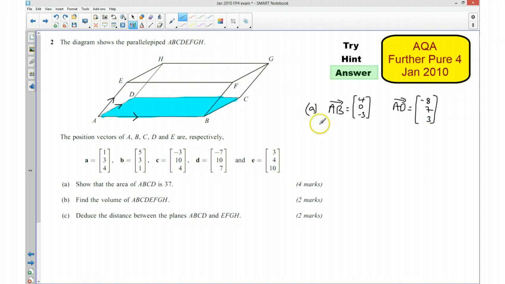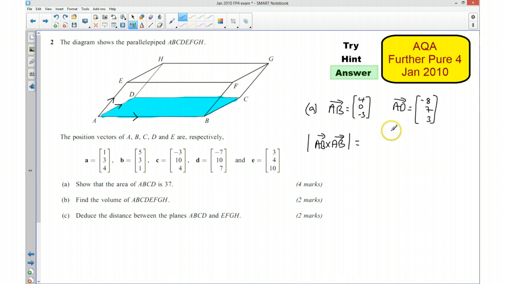Okay, so what we need to do now is find the magnitude of the cross product of these, and that will tell us what the area is. So we want the magnitude of the cross product of AB and AD.